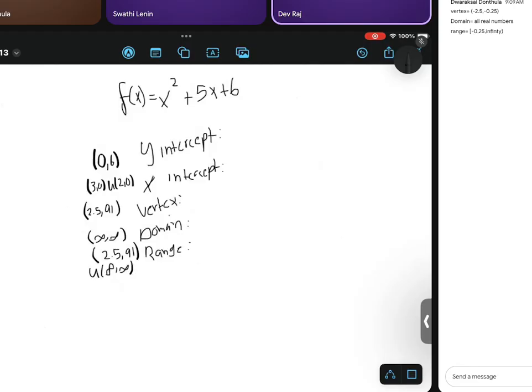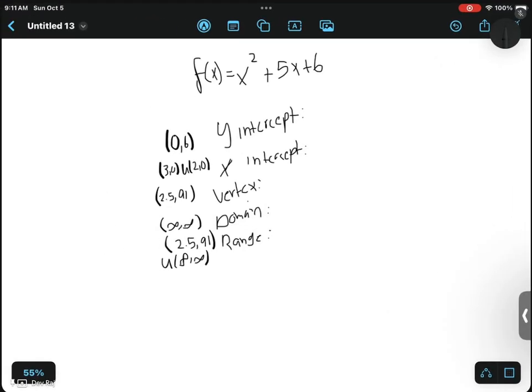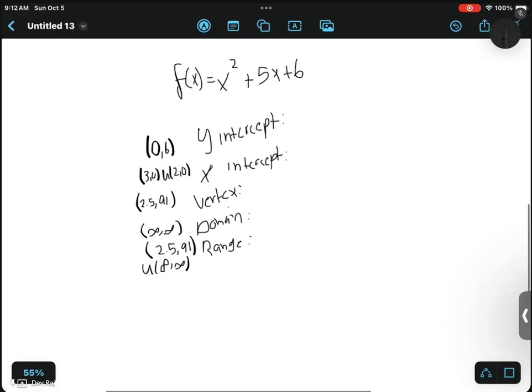Okay, so I'm pretty sure for this one, on Dorsey, I think you got everything right. But for this one, I think the x-intercepts are supposed to be negative, right? So let me try solving this, okay?